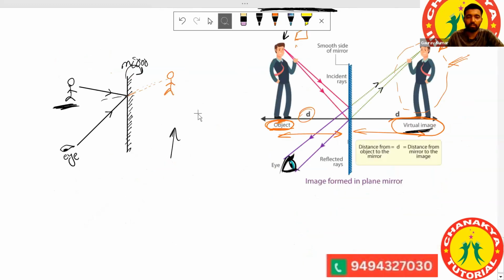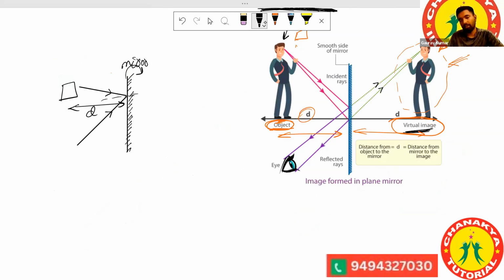So we were taking an example. Here is some box, and it is at distance d from the mirror. Then tell me from your daily life observation, at what distance will you be able to see the mirror image?